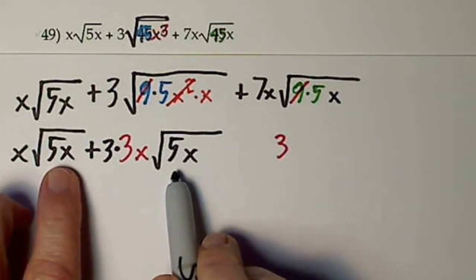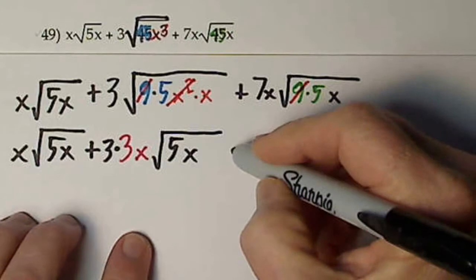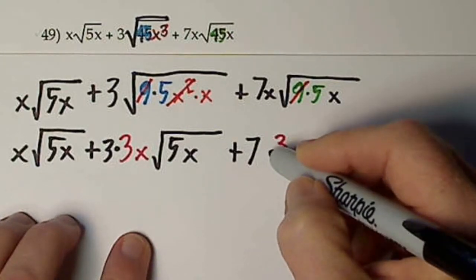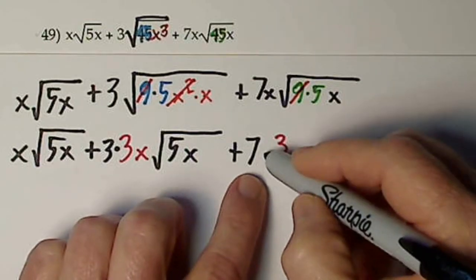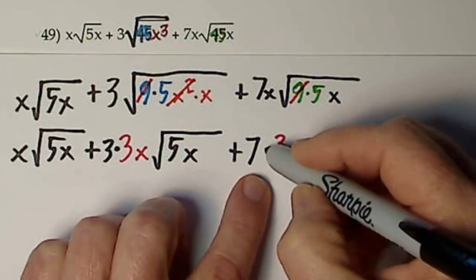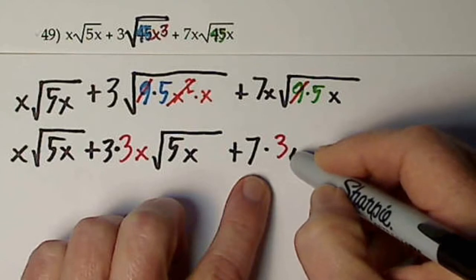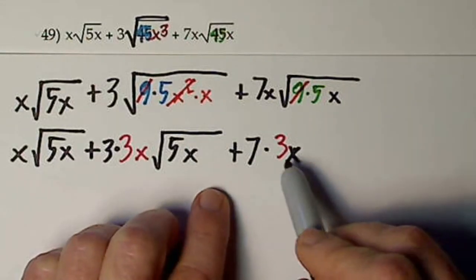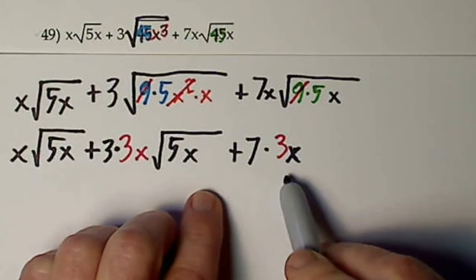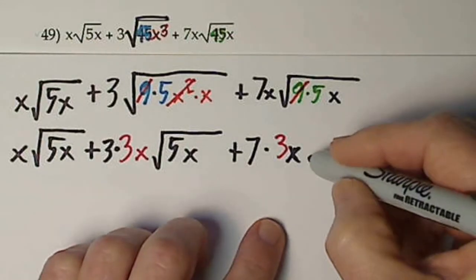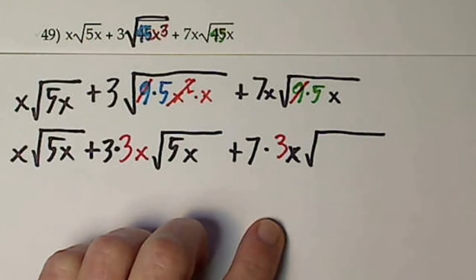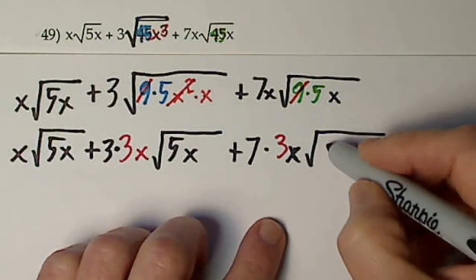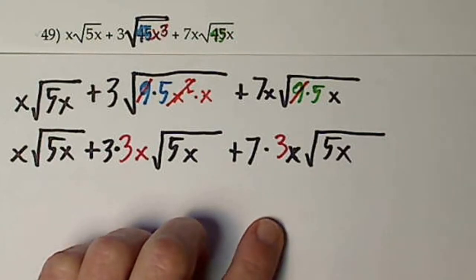Okay, notice it's the same here. And then over here we'll bring down our plus sign, our 7x. And it's going to look kind of strange if I write 7x times 3. So I'll put 7 times 3, and I'll put the x behind the 3, okay? All 3 of these things are being multiplied, so it doesn't matter what order I write them in. I just did that in the hopes that it was easier to read. And we still have a 5 and an x trapped underneath.